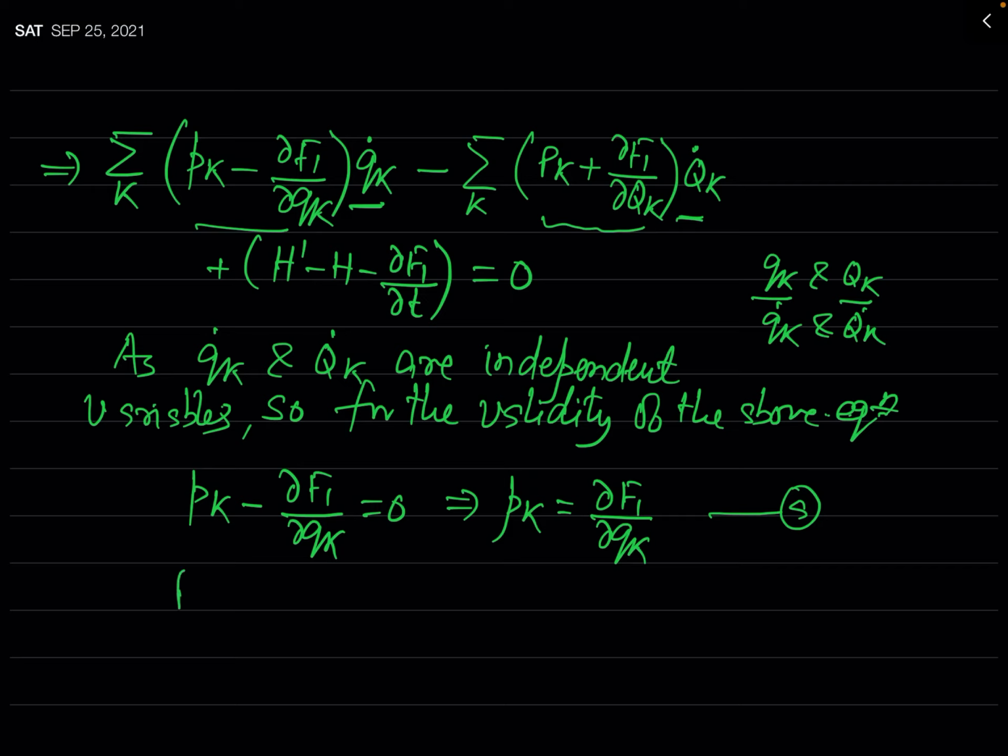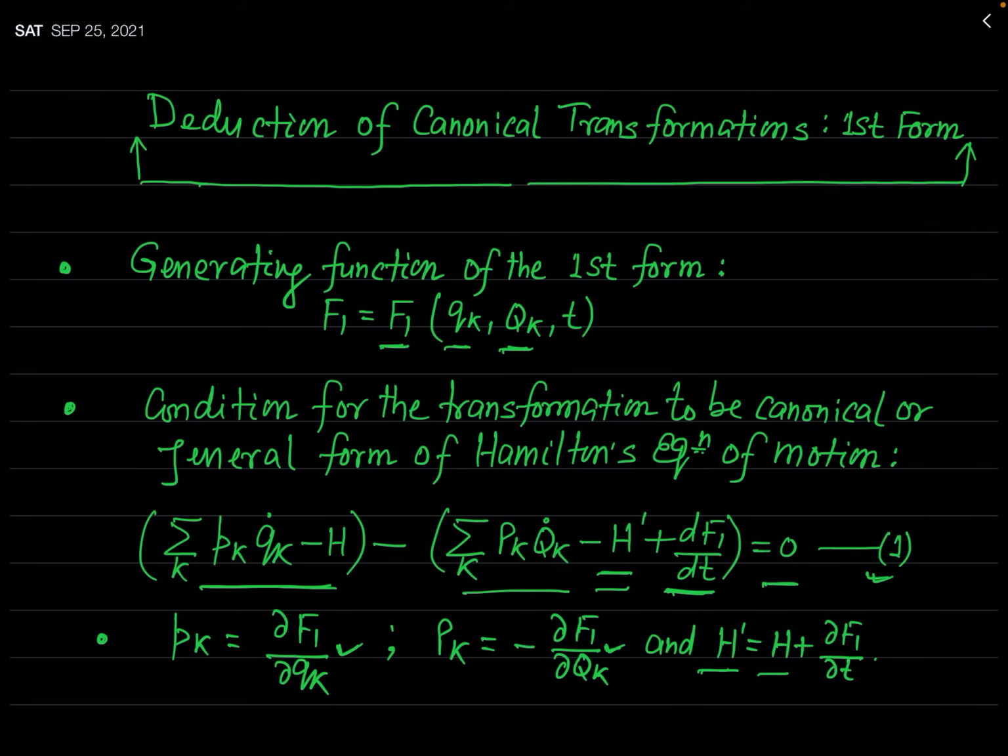So again you can write capital Pk plus del F1 by del capital Qk is equal to 0. And if it is 0, this capital Pk is simply minus del F1 by del Qk. So you can see this result which I have mentioned here has actually been proved.